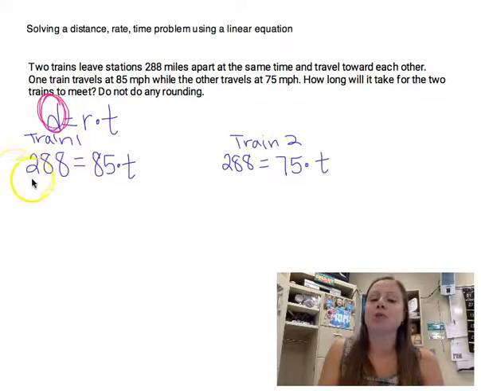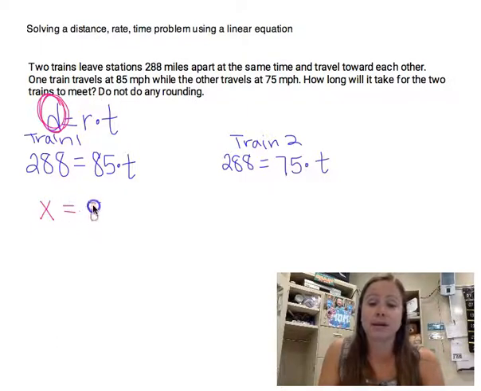So what we have to do is say, okay, I actually don't know this 288, so I'm going to make train 1's distance x. If train 1's distance is x, it is going to be 85t.